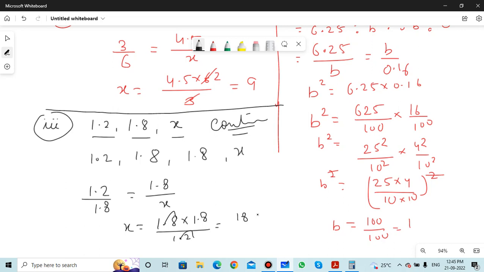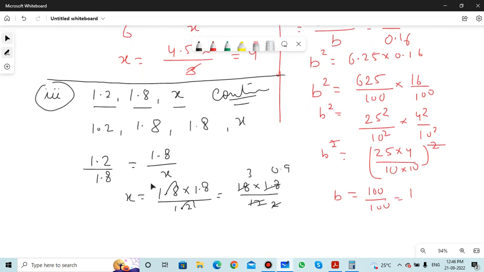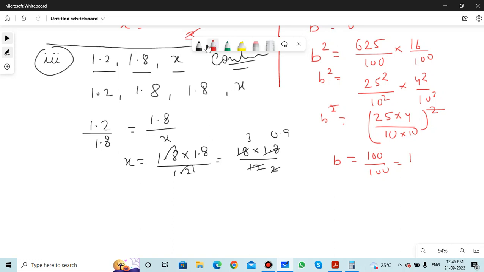So 18 into 1.8 upon 12. 6 2s are 12, 6 3s are 18, and this will give you 0.9. So 9 3s are 27. So x here will be 2.7, with the decimal after this. So x is 2.7 here. If you put it in, you will get that value.